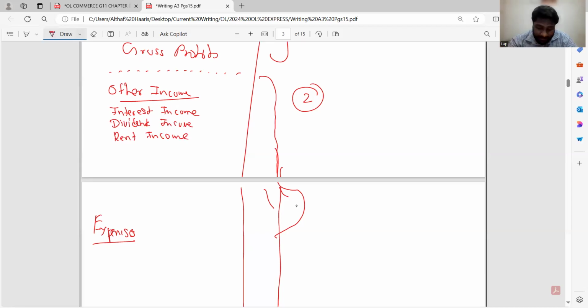All these expenses, listen up. In your O-level syllabus they are separated into 4 categories. Discount allowed is also an expense. All these expenses in your syllabus are separated into 4 categories. What are those categories, people?